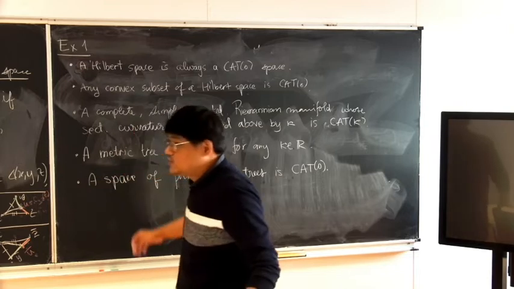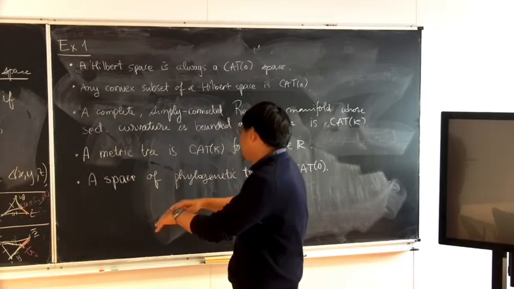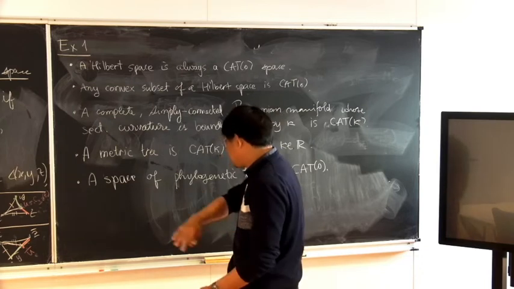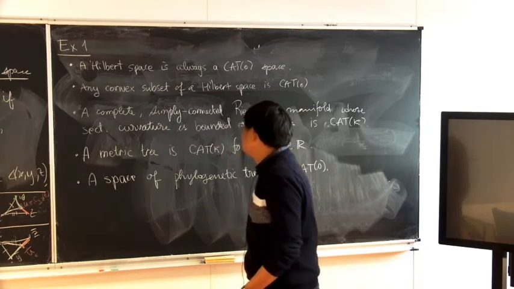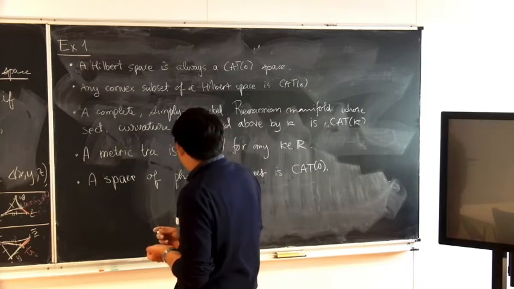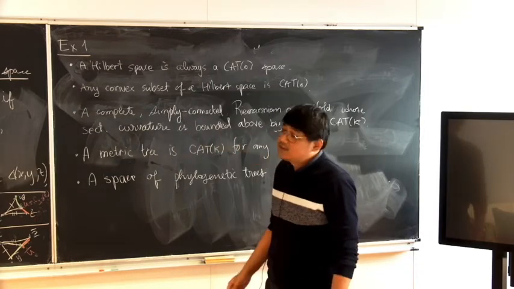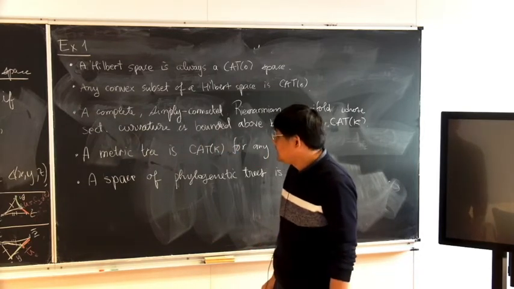Okay, so these are examples. We have more actually. For example, if we take the tangent space, it will be CAT 0. If we take the space of directions, that will be CAT 1. What else? Products of CAT kappa spaces are still CAT kappa spaces.